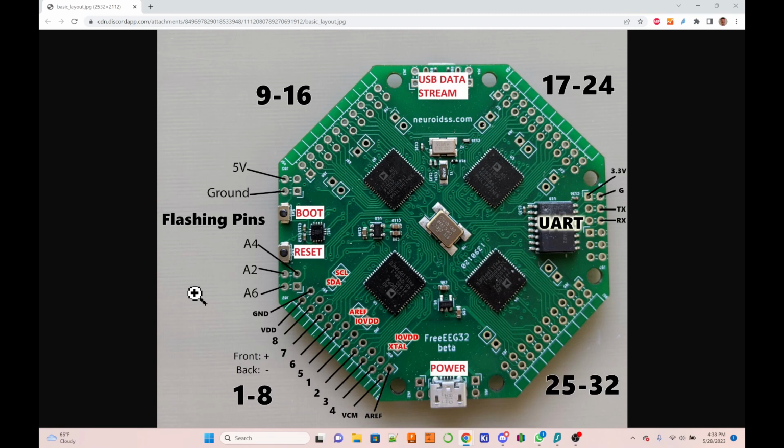And so how do we compare that to the pinout that we have on the FreeEEG32? The bias, even though it works slightly different, should be compared to VCM. VCM stands for voltage common mode.